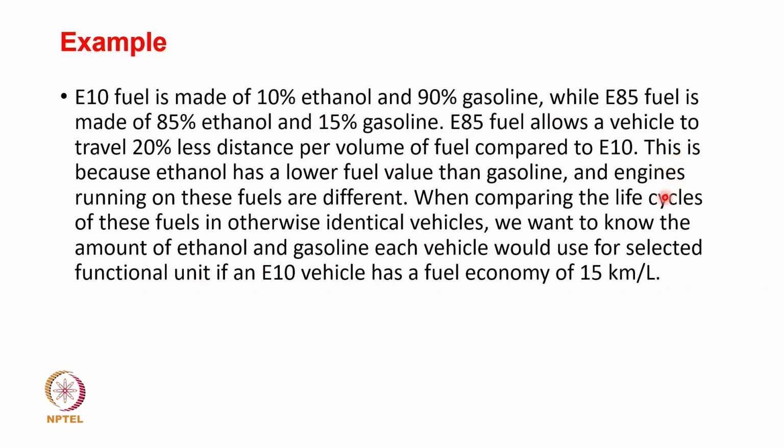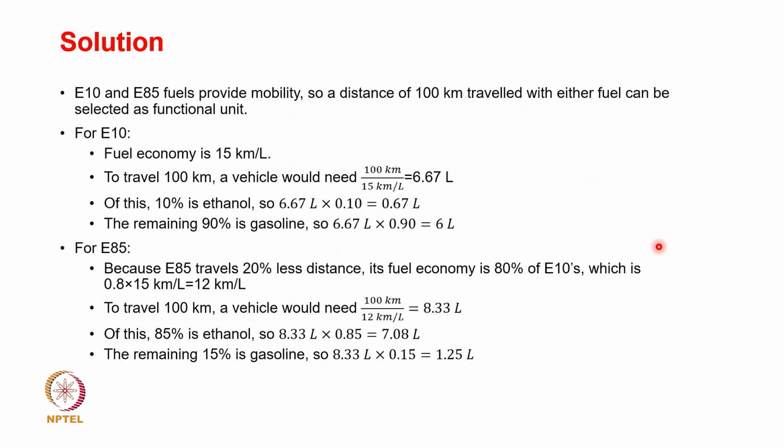This is because ethanol has a lower energy value than gasoline, and the engines running on these fuels are different. When comparing the life cycles of these fuels in otherwise identical vehicles, we want to know the amount of ethanol and gasoline each vehicle would use for the selected functional unit, if an E10 vehicle has a fuel economy of 15 km per liter.